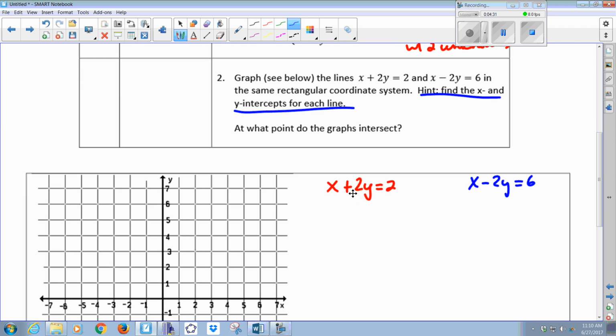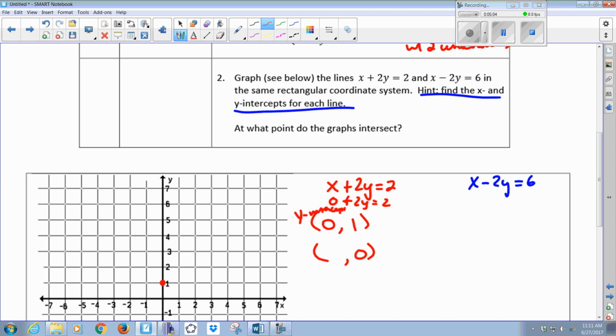Let's find the x and y intercepts for this first equation here in red. With my intercepts, x is going to be 0 for one and y is going to be 0 for the other. In this first case, we have our y-intercept, so I'm going to let x be 0. When I let x be 0, I get 0 plus 2y equals 2, so y must be 1. That's really quick, and you can go to your graph and put (0, 1) right in there.